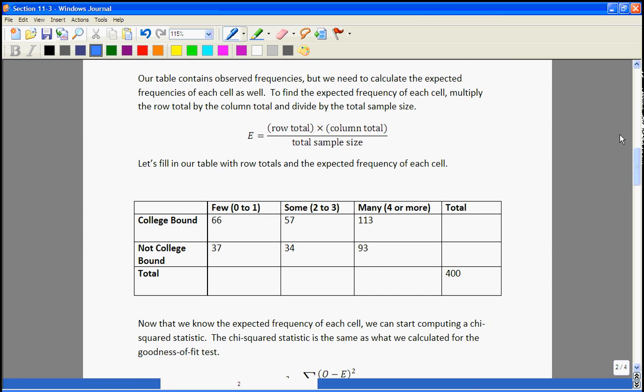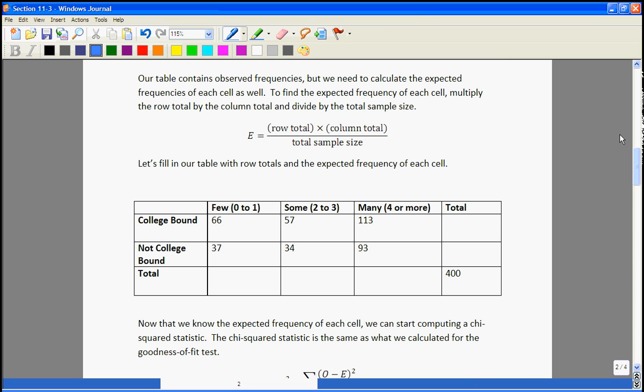Now, our table contains observed frequencies, but just like we did with goodness of fit, we also need expected frequencies. In a contingency table, they're a little bit different to calculate than what we did for goodness of fit. So to find the expected frequency of each cell, we multiply the row total by the column total and divide all of that by the sample size. So to get started here in our contingency table, we need to figure out these totals first.